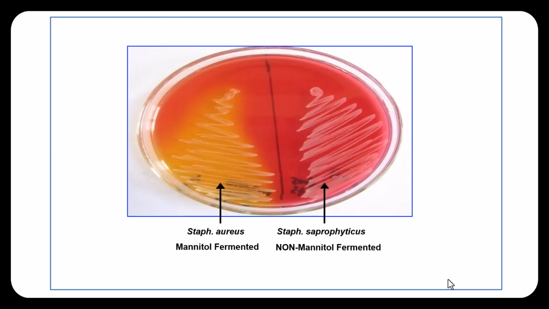As you can see in this slide, both species can grow on mannitol salt agar. It means it is selective for Staphylococcus species, but one produces yellow colonies due to mannitol fermentation, while saprophyticus and epidermidis produce pink colonies because they are non-mannitol fermenting bacteria.